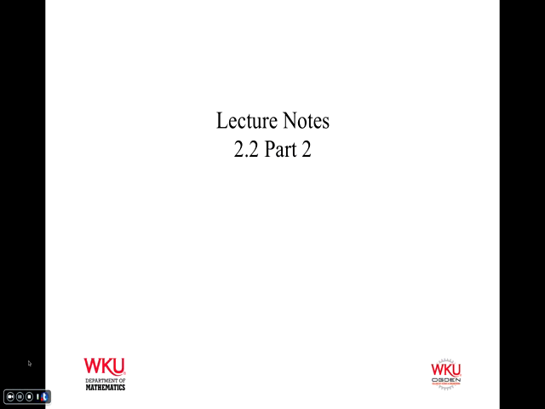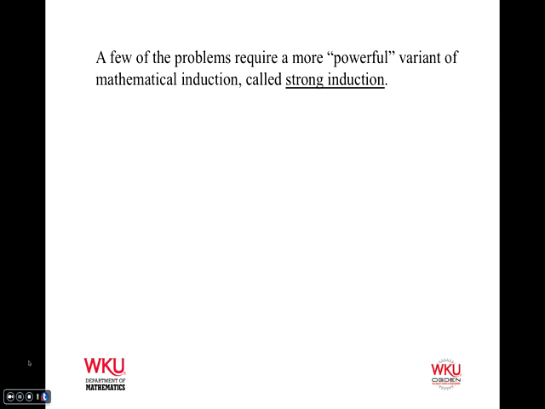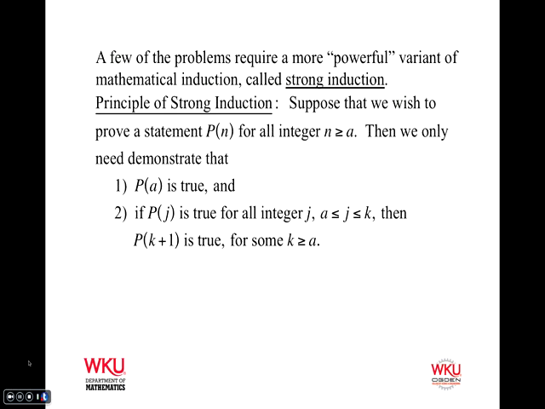Sometimes we need to assume all of it. Now, what I want to show you is that that's okay, and a variation of that that's probably more useful to us. So let's get started with what we call strong induction. It's still induction, but this is the stronger form of it.